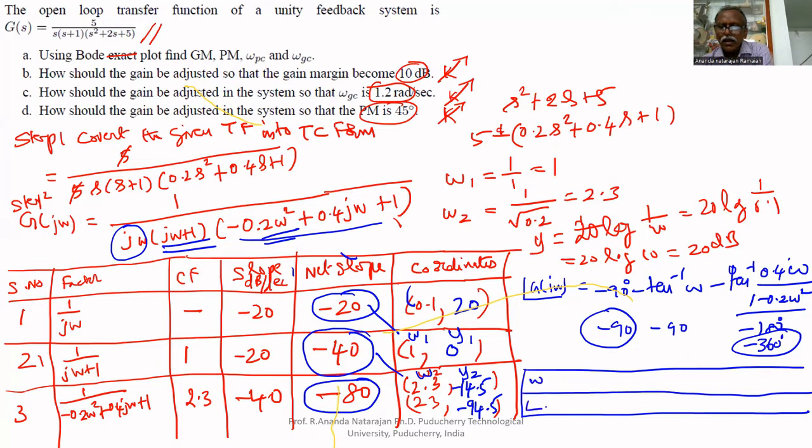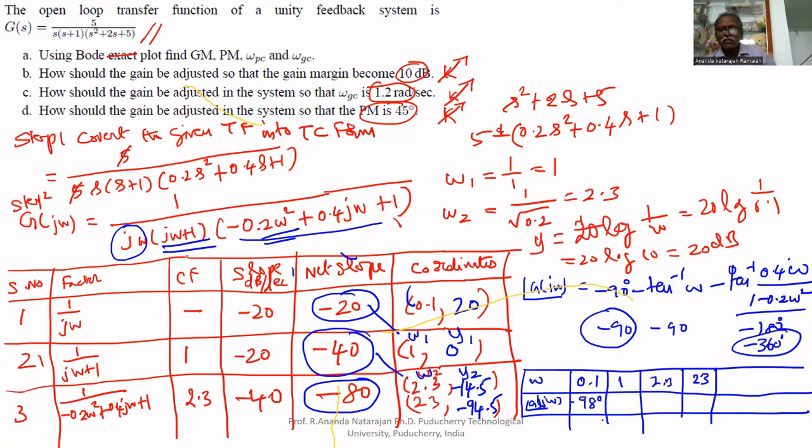So we have to form the table and find the angles. Omega, angle of G of J omega. First, 0.1, 1. Then corner frequency is 2.3 and 23. When you substitute 0.1, you get minus 98 degree.